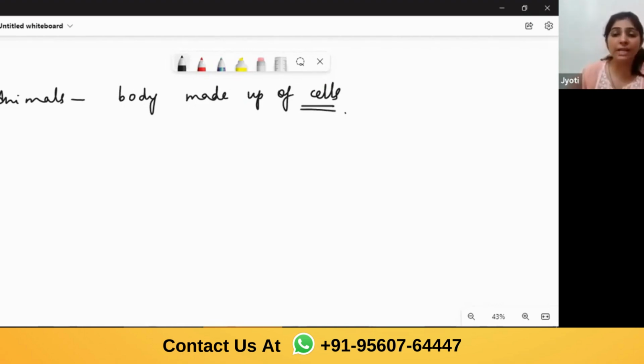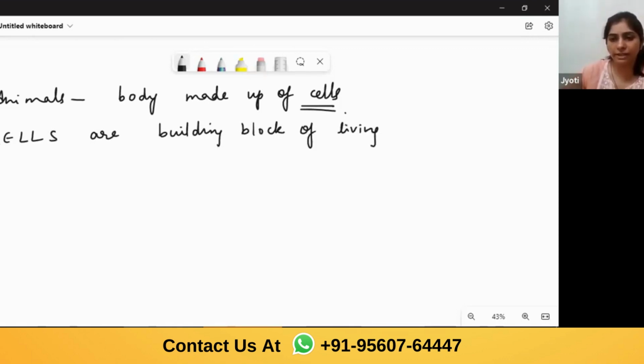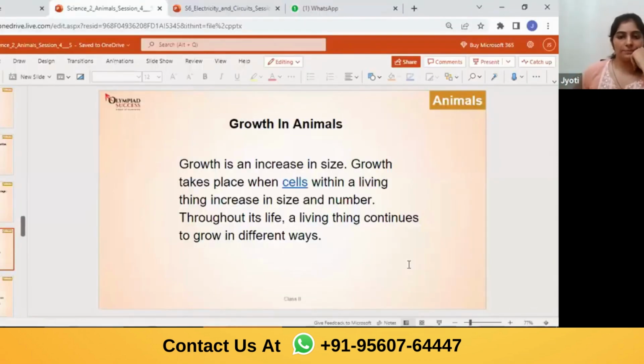In the same manner, the cells are the building blocks of the living body. Clear? Growth is an increase in size. Growth takes place when the cells within living things increase in size and number. Throughout its life, a living thing continues to grow in different ways.